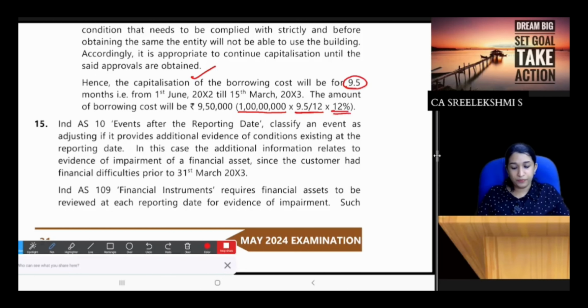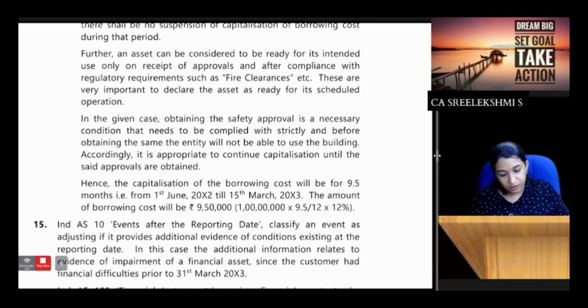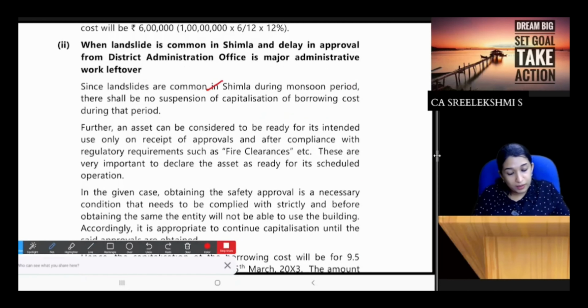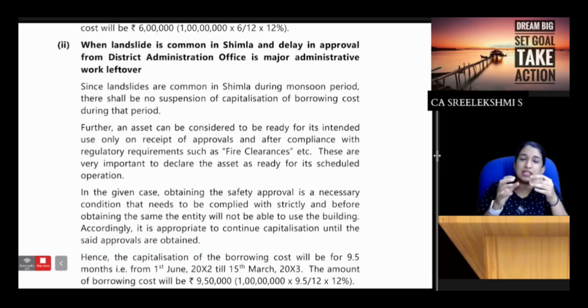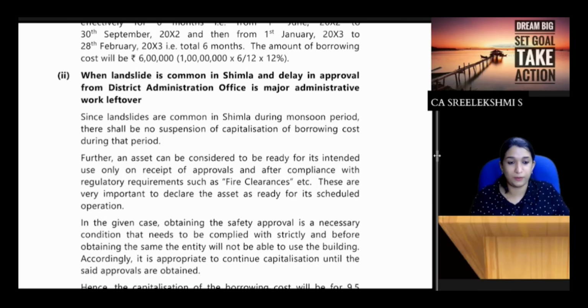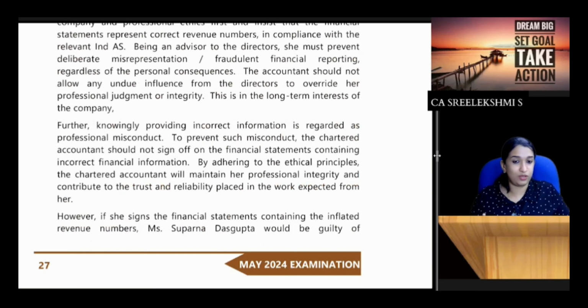Is that okay? So if landslides are common, there shall be no suspension. You please study it. If there is a natural calamity which is not common, suspend. Natural calamity which is common, do not suspend, continue capitalization. Okay, understood.